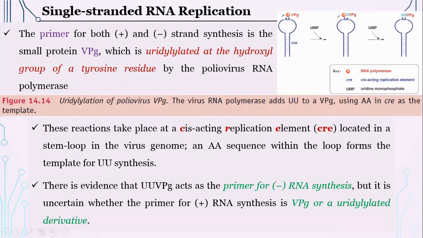And there is evidence that UUVPG acts as primer for negative sense RNA synthesis, but it is uncertain whether the primer of plus strand RNA synthesis is the VPG or a uridylated derivative.